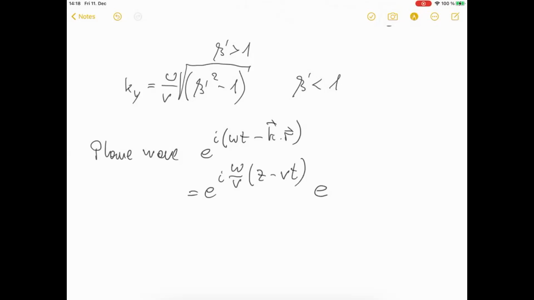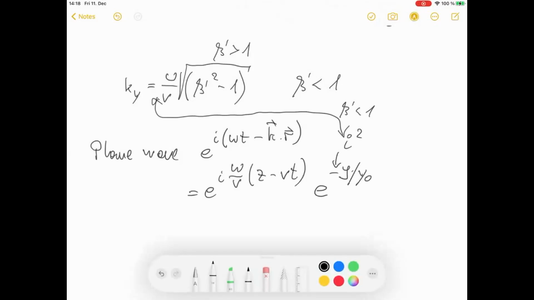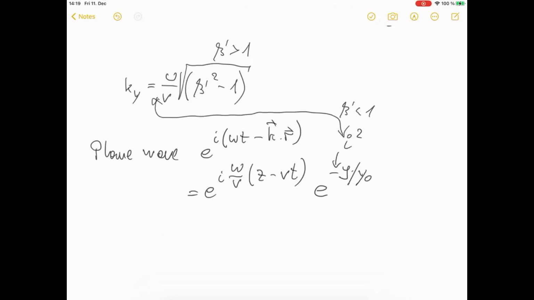And then we simply write here e to the minus y, that's the coordinate, divided by y0. Note that there is a minus here, and this minus 1 is the i squared, and i squared comes from the i that appears in front of the k naught, ky, in case beta prime is smaller than 1. And therefore, we only need to flip the sign inside the square root.